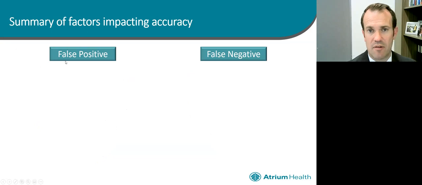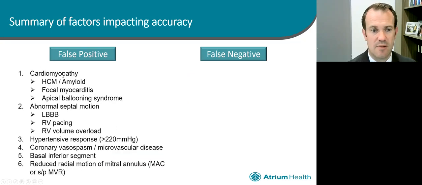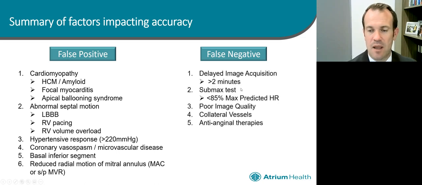We need to be aware of things that will cause false positive stress echocardiograms, and these include cardiomyopathies, where you can have small vessel disease or local wall motion abnormalities, abnormal septal motion, a hypertensive response to exercise, coronary vasospasm or microvascular disease, that basal inferior segment we mentioned before, and if there's significant MAC or mitral valve replacement.